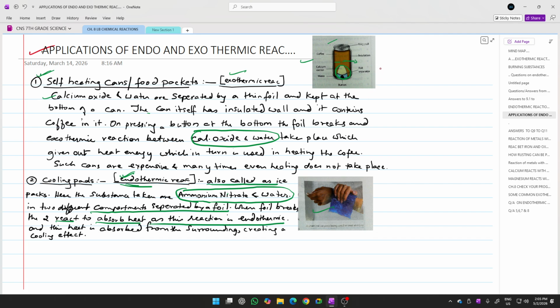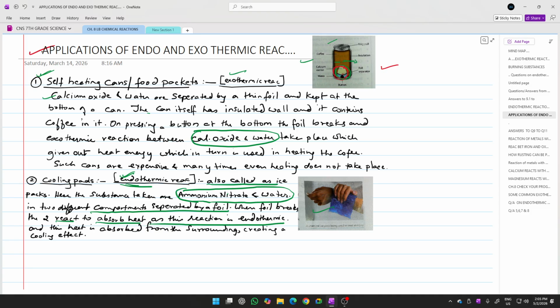Now, let us take this example. Can you see this diagram which is showing a self-heated can? If you see the lower portion of this self-heated can, the part at the lower side of the can contains two compartments.